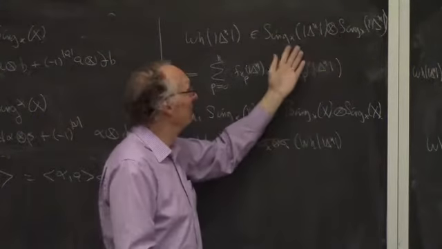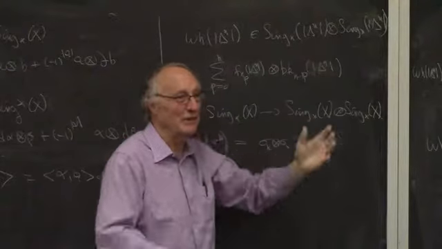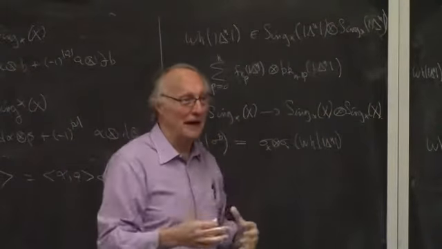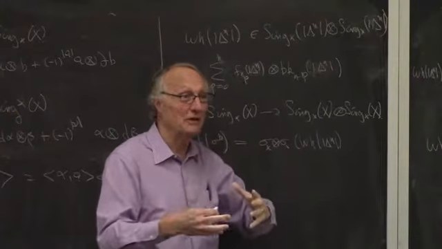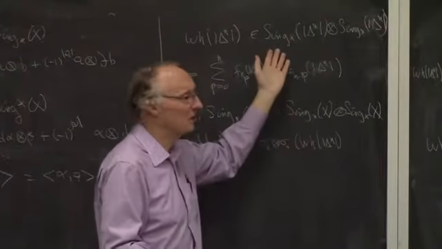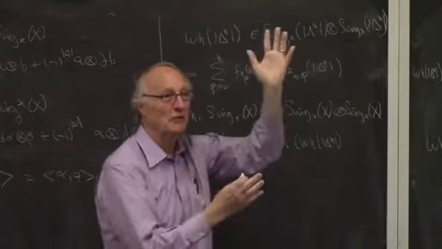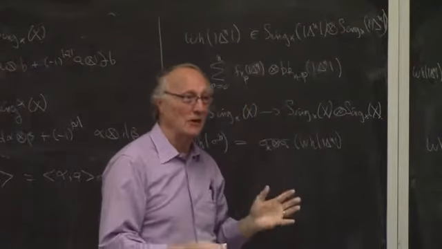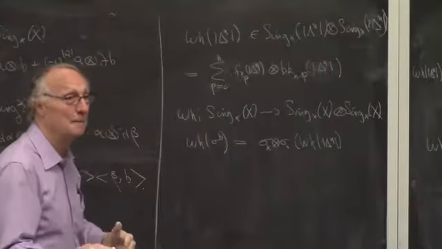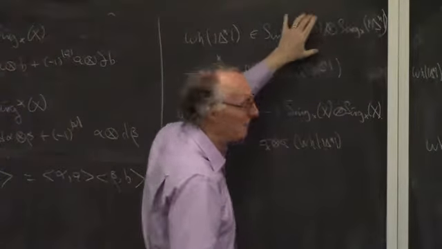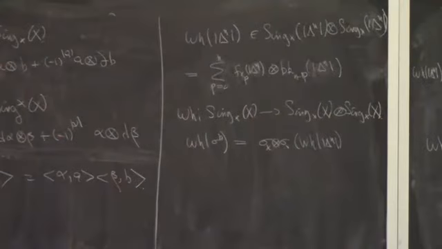It doesn't have to be a face evaluation. A face evaluation could be some crazy, nonlinear, if that's what you mean, nonlinear singular chains here. That's okay. It could allow you to curve them if you want, as long as it's compatible with boundary and it comes from some formula here. Okay.